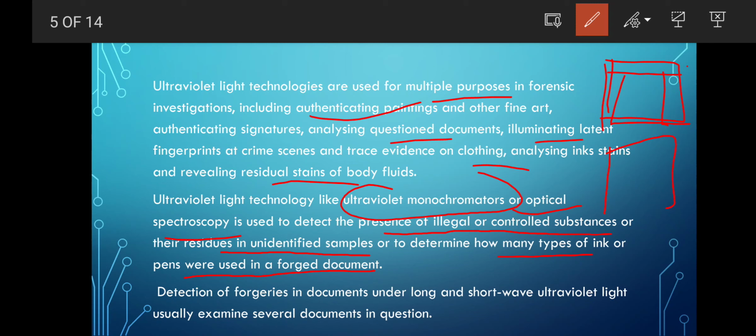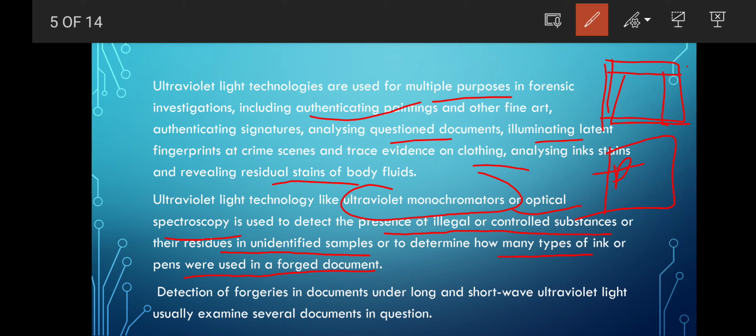Like here, if you have a forged document, I'll give you a simple example. The original writer will use a ball pen. Okay, the same ball pen has many companies, right? Cello, and other companies are also there.